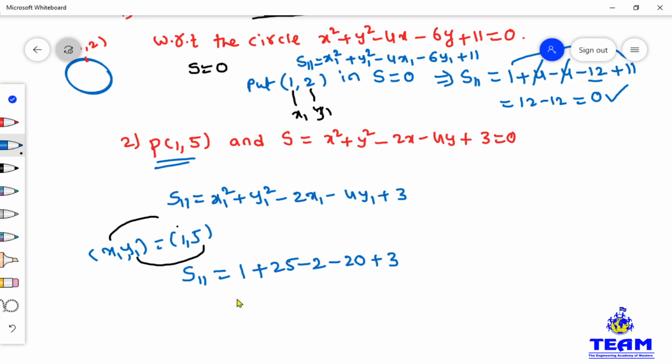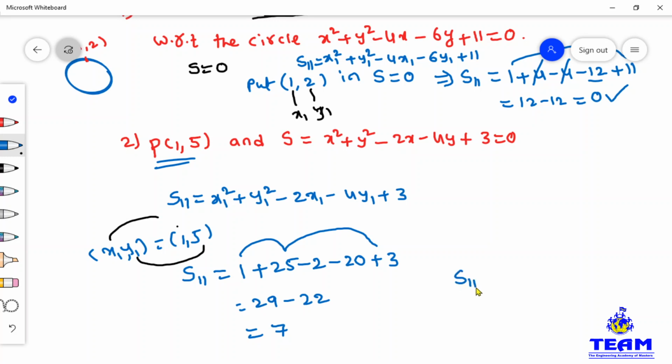Now here 1 plus 25 is 26, plus 3 is 29. Next, minus 20 minus 2 is minus 22. So what is the S11 value? S11 is equal to 7.